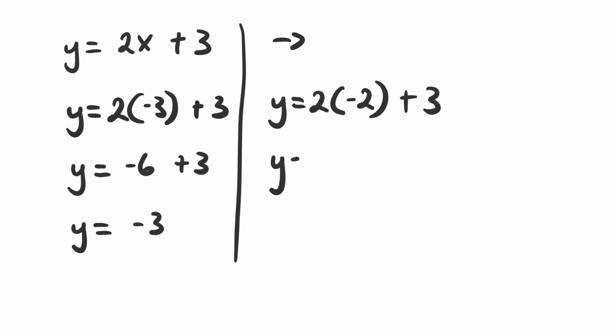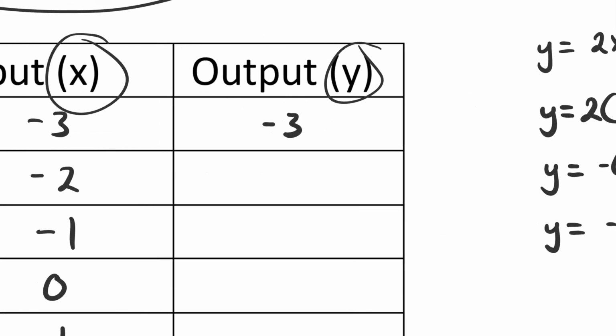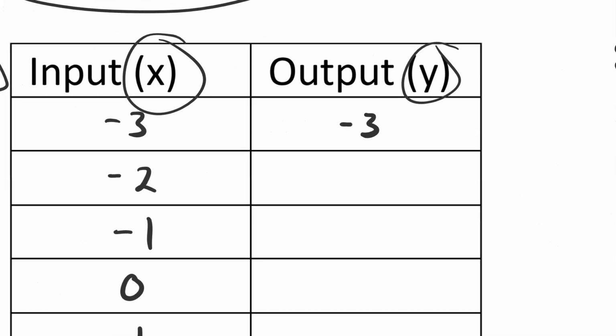Taking this further, y equals 2 multiplied by -2, which results in -4, plus 3. Now y equals -4 plus 3, which will leave you with -1. If I return to my table of values, when I used an input, my x value of -2, I was left with an output, my y, of -1.